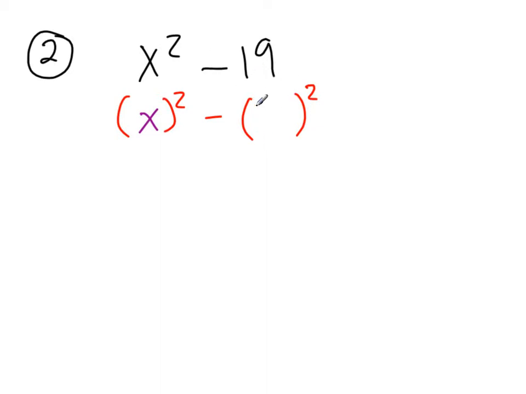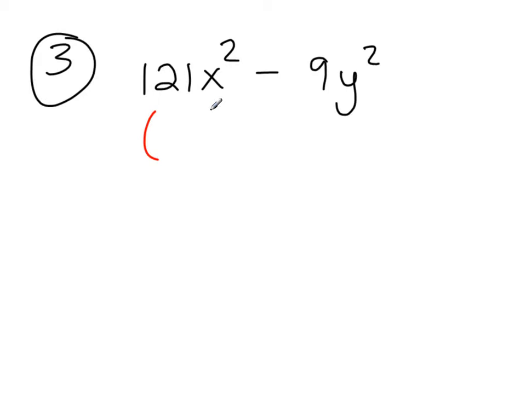Since 19 is prime, we don't have anything that can multiply together to get us 19. So since this fails here, and the GCF between the two terms was 1, we will say this is prime. So it's either a perfect square or we can't factor it. Let's see another one. That was a little boring.